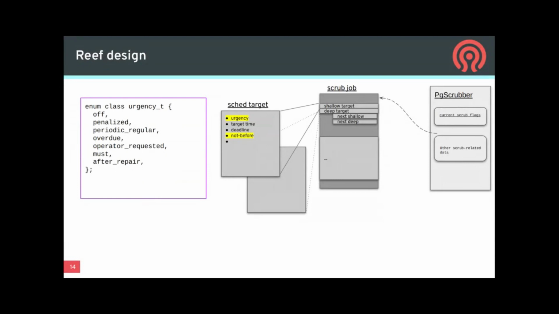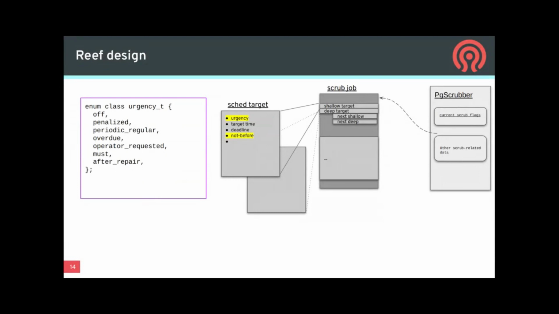And then we have the higher priority urgencies: operator requested, must, which is specific to something that we have now, after a request from an operator, with repair mostly. This is mostly why we have must.